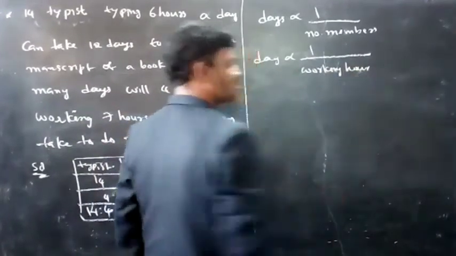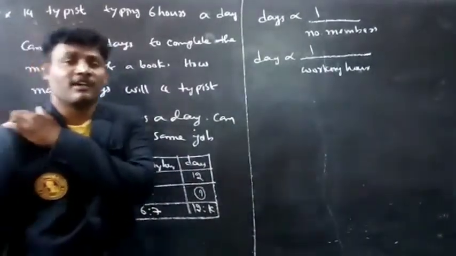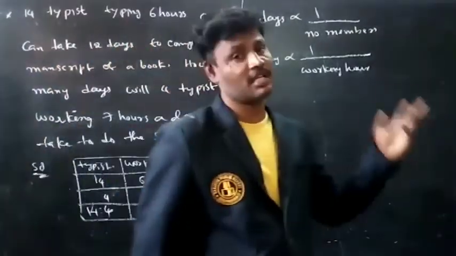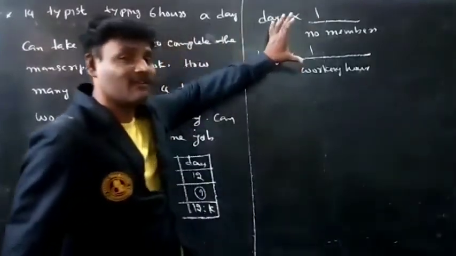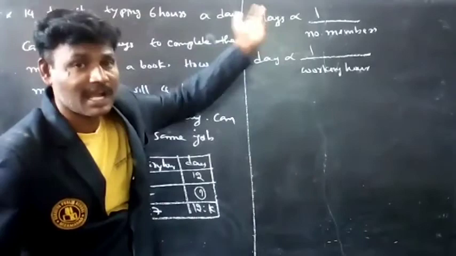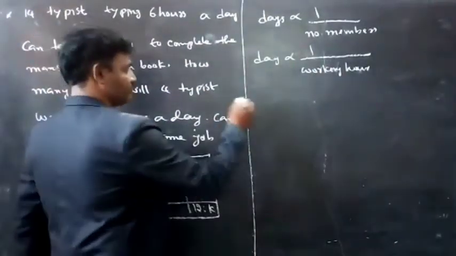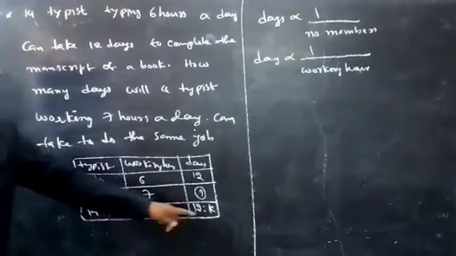If working hours decrease, time duration increases. If working hours increase, time duration decreases. So both are inversely proportional. You have to take the inverse ratio of the members and also the inverse ratio of the working hours.